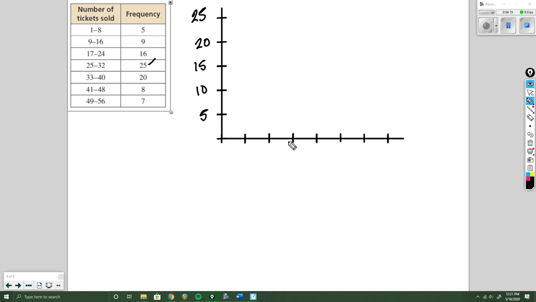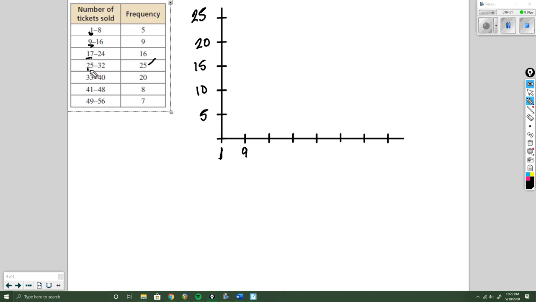In terms of the x-axis, to display how many people sold 1 to 8 tickets, we're going to write that lower bound, the left side of this interval right here, and then move on to the next interval and write it on the next tick mark. So this interval will represent how many people sold 1 to 8 tickets, this one 9 to 16, and then 17 to 24, and so on.